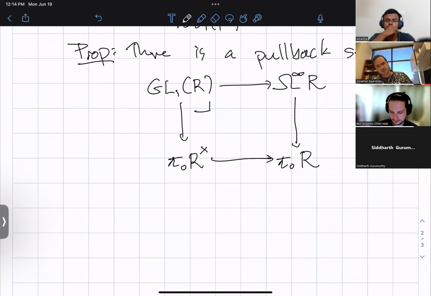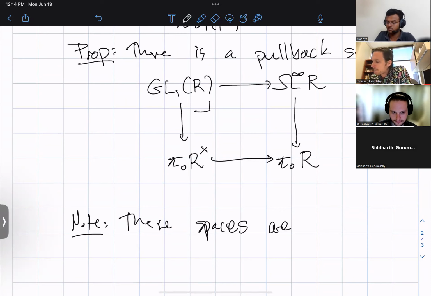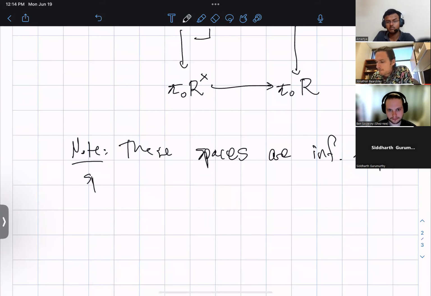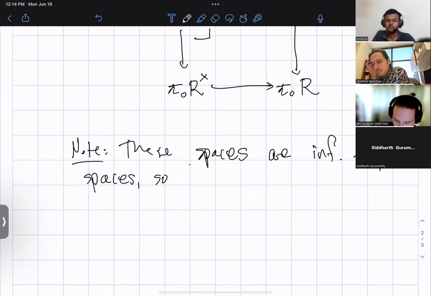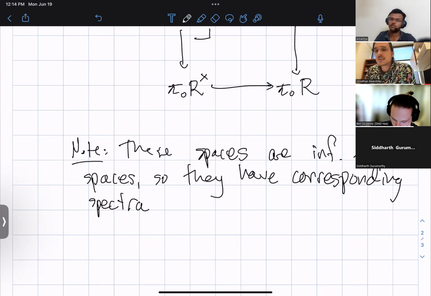Yeah, I feel like maybe there was something else I wanted to say about that, but let me also mention that these spaces are all infinite loop spaces. So they have corresponding spectra. Of course, I didn't say this explicitly, but this only happens when R is E infinity.